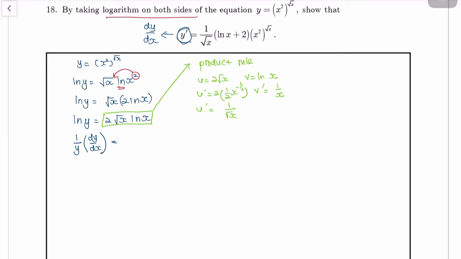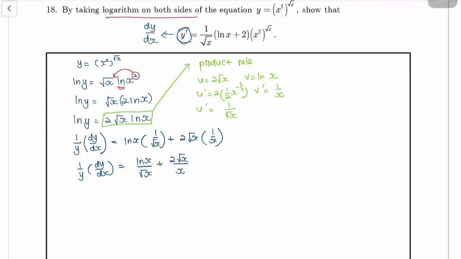Okay, now we do our product rule. So v u prime plus u v prime. Okay, so 1 over y dy over dx equals ln x over sqrt x plus 2 sqrt x over x.